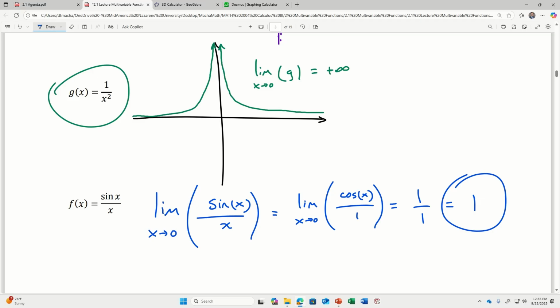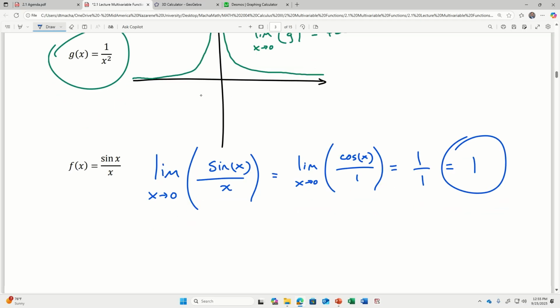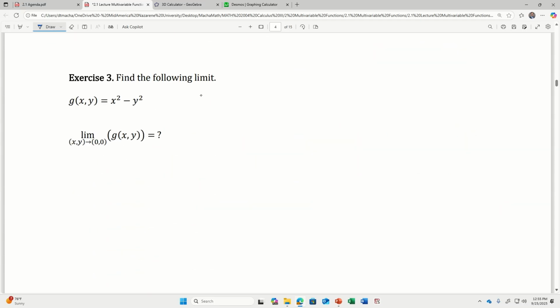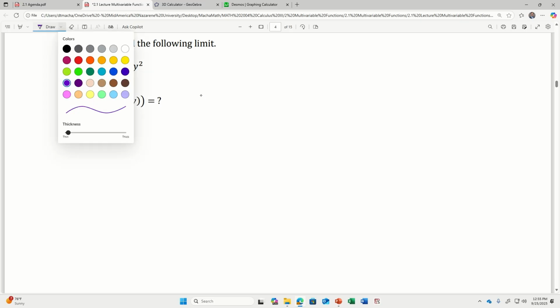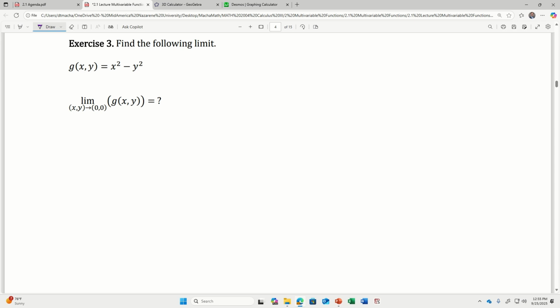But I mentioned limits just to keep this fresh in your mind, because now we're going to do some big boy limits. That's the technical term. We are going to find the limit of this function, x squared minus y squared, as we approach the point 0, 0 in the xy plane.